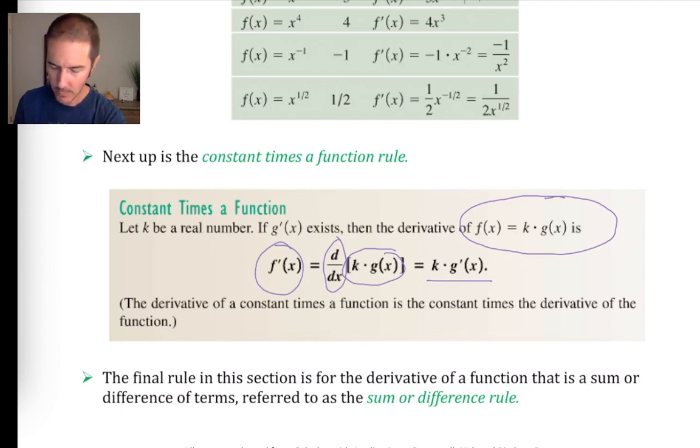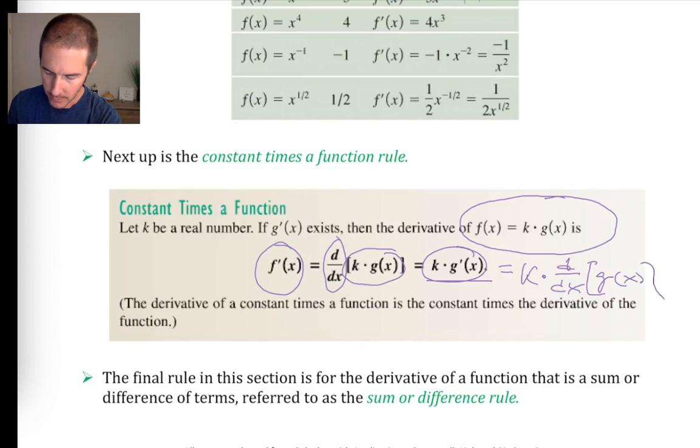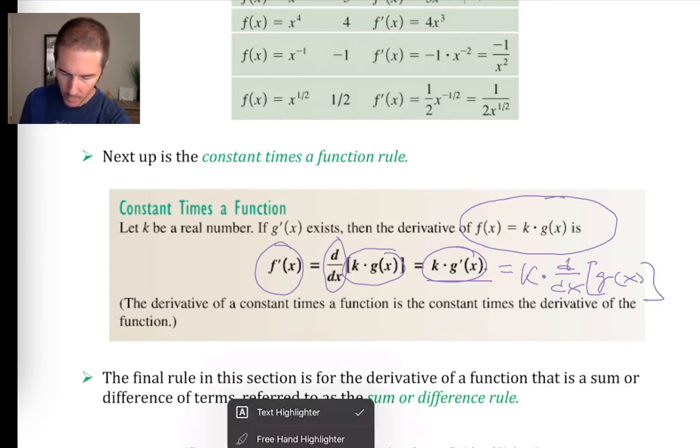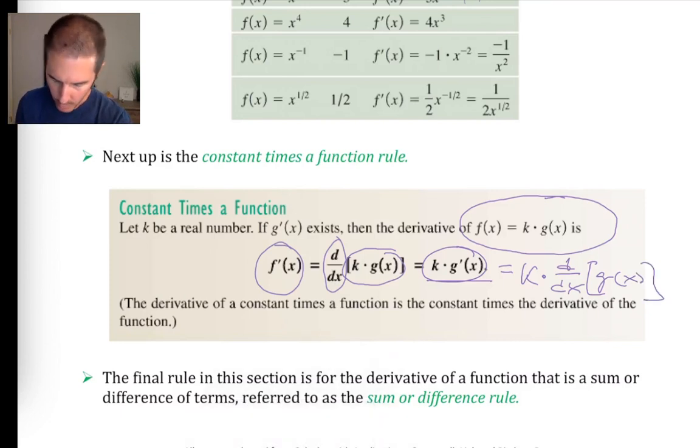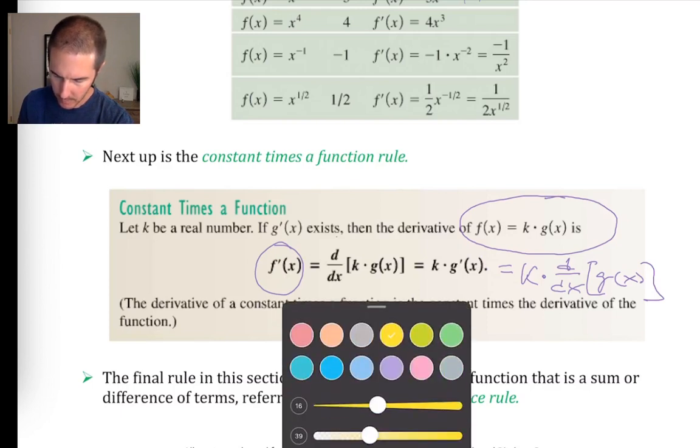I don't love that they wrote it this way at this point. I wouldn't have written it that way just there. I would have instead written k times d over dx of g of x. That way, we're going from, let me get rid of some of this other scribble. I like the idea of going from, well, let's try it with yellow.